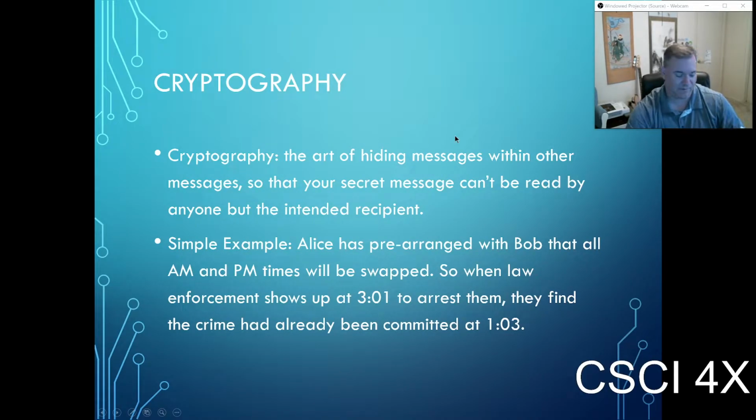Cryptography, though, is the way of sending a secret message. Okay, so the whole point of a secret message is that nobody can read it except the person you want to read it, right? So if you've heard of public key cryptography, basically journalists can post their public key on the web, and you encrypt an email to them using their public key, and then the only person who can decrypt that is somebody who has the private key.